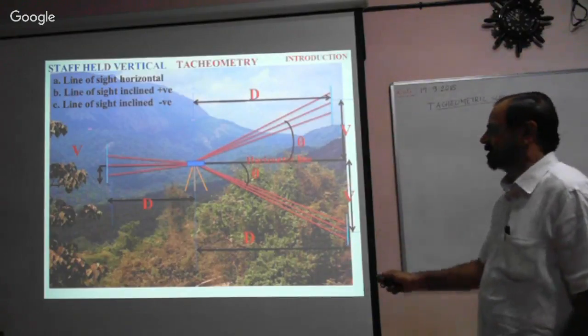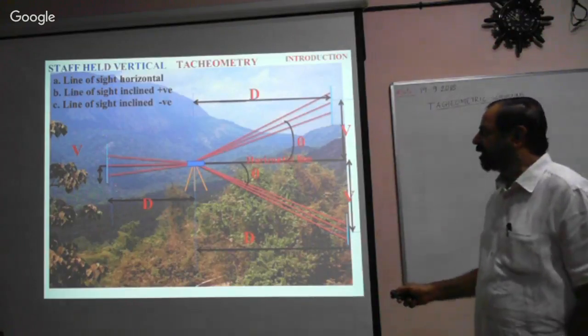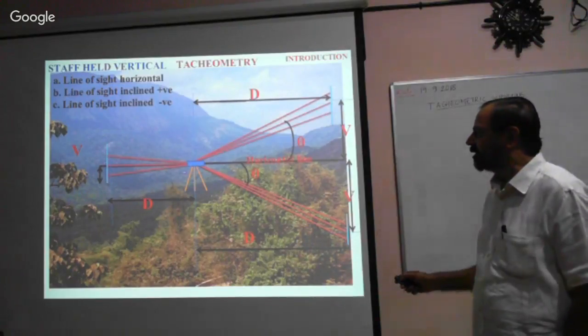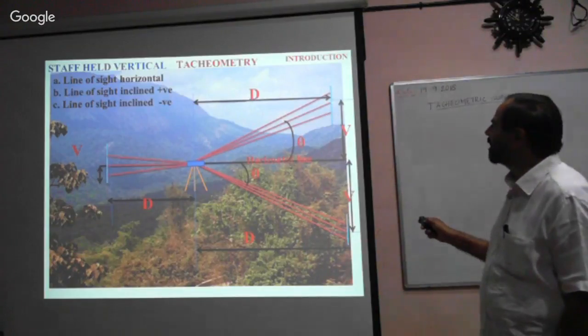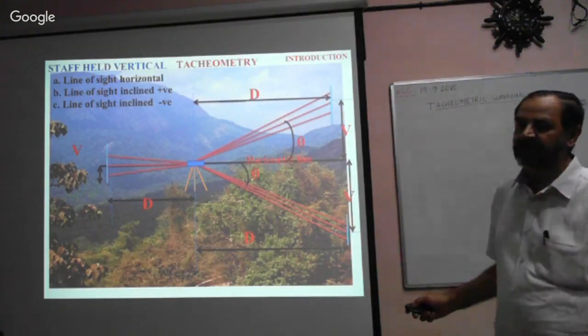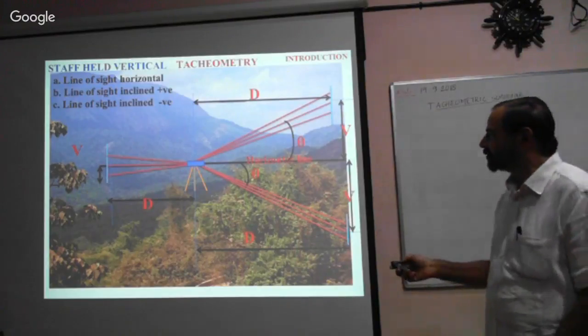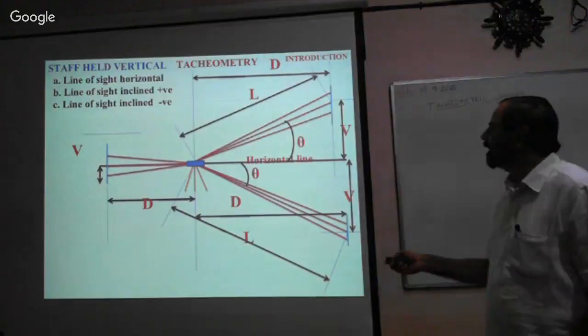Please remember this: the staff is held vertical and the line of sight is horizontal; the staff is vertical and the line of sight is inclined upward; the staff is vertical and the line of sight is inclined downward. Now we will discuss one by one. This is the same diagram.